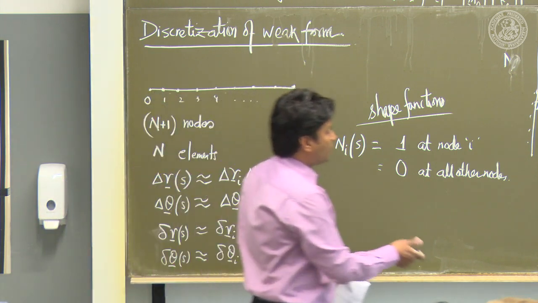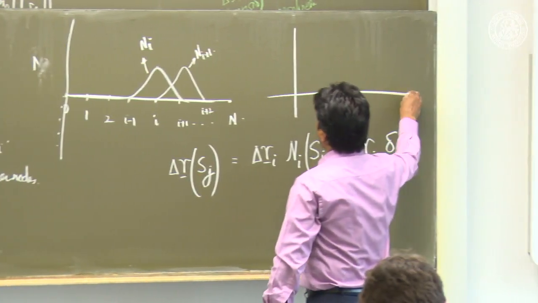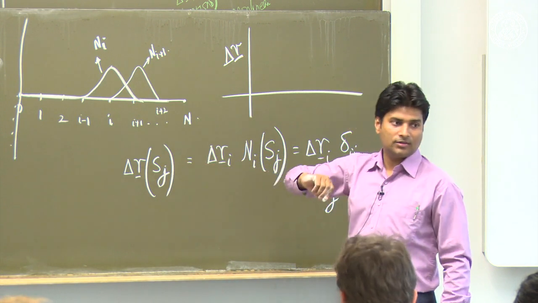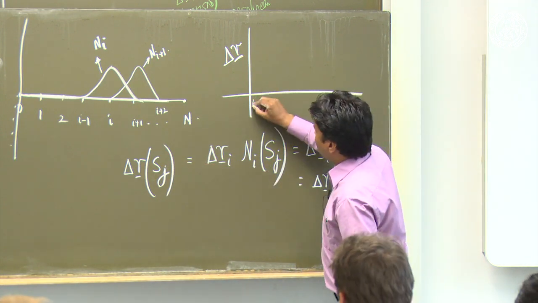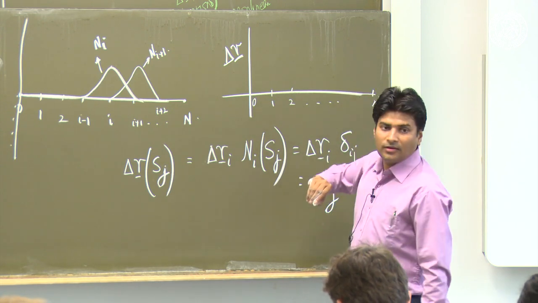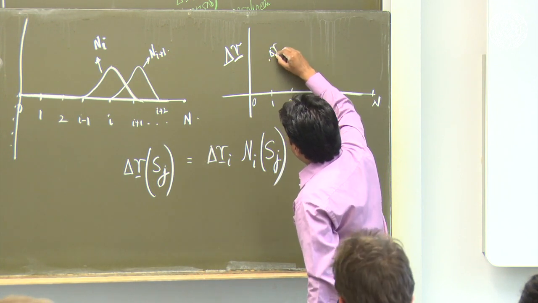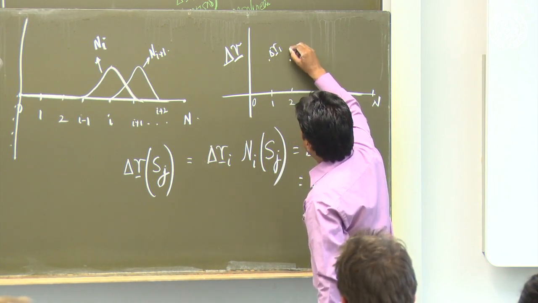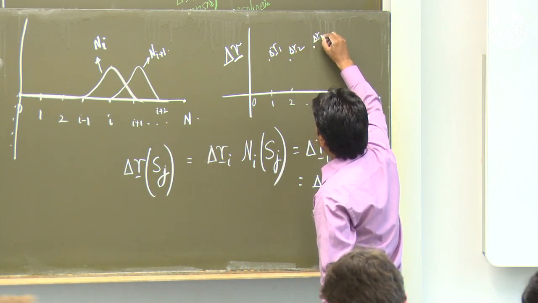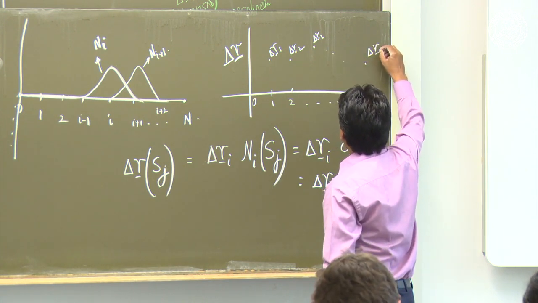So, if for example, you want to, let us say, draw delta r with that expansion, and that is your 0, 1, 2 up to N. So, you will have delta r_1, delta r_2, maybe delta r_3, up to delta r_N.